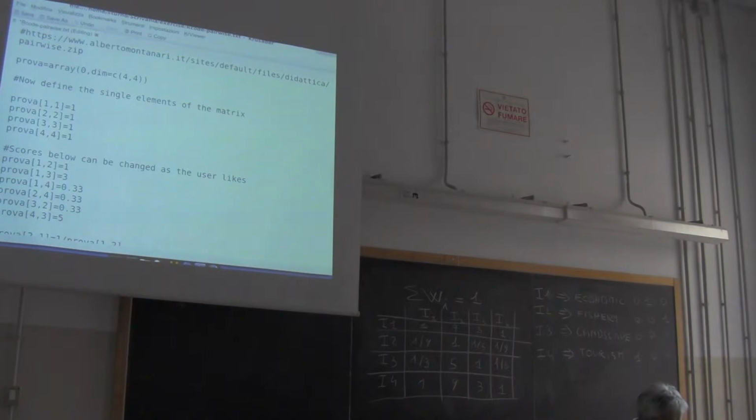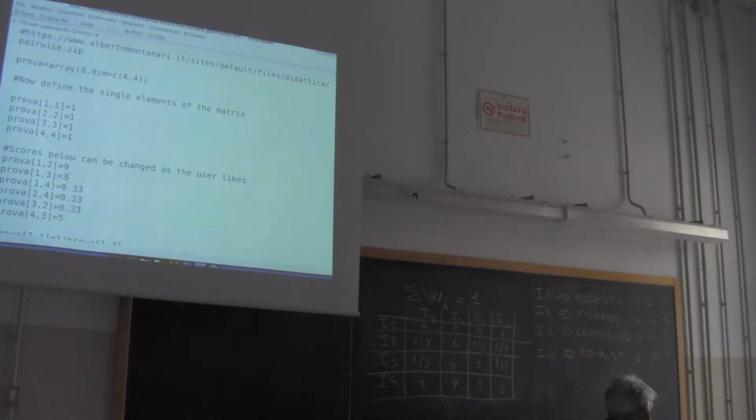And the way to make it inconsistent may be here. For instance, we may put a 9 here, which means that economics is much more important than the second, which is fishery. And then I gave here a 3, which means that economics is more important than landscape, but this evaluation, if I keep this 3, means that fishery should be more important than landscape.